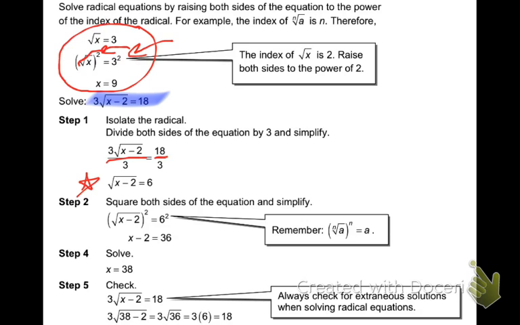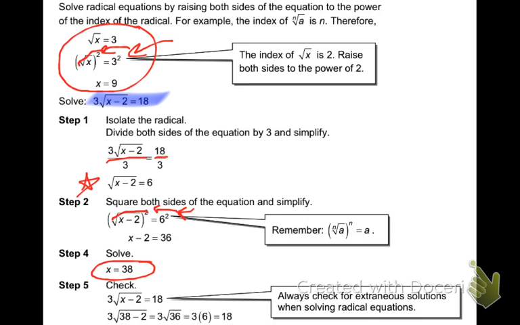A squared term. Nice job. So now I square both sides. That undoes the square root, giving me x minus 2 equals 36, and my final answer of x equals 38, because then you add the 2 over. So that's what we're going to be working on today, getting rid of the square roots.